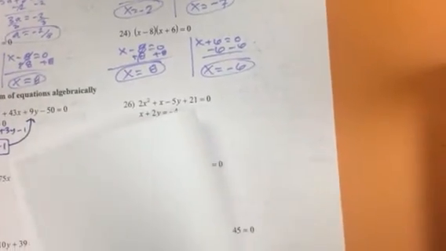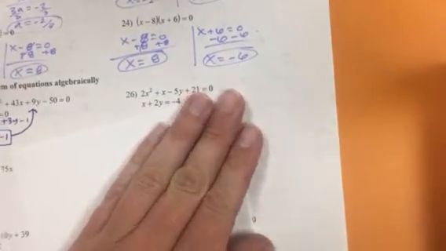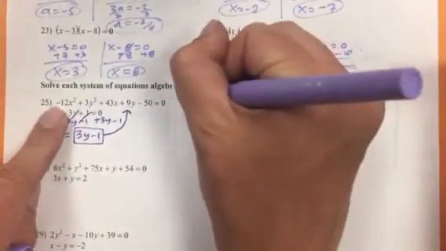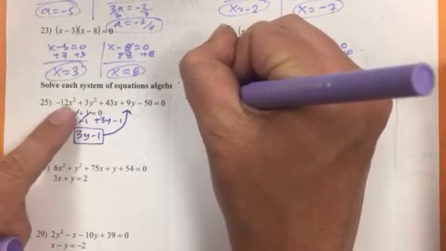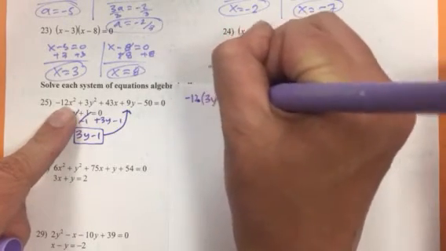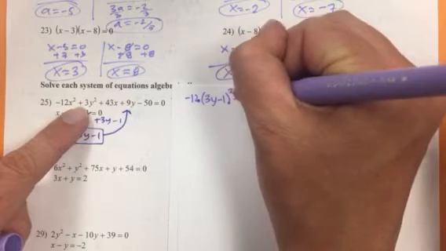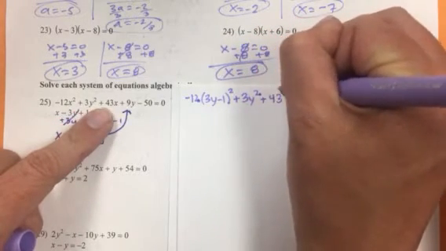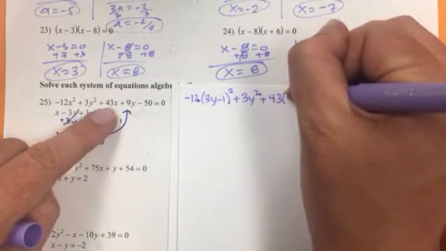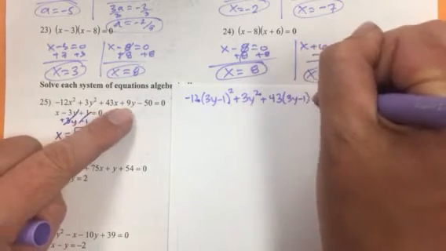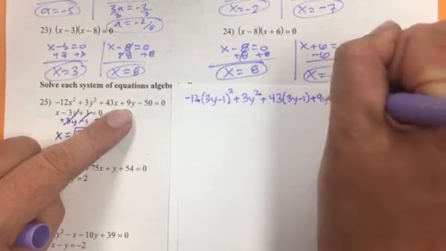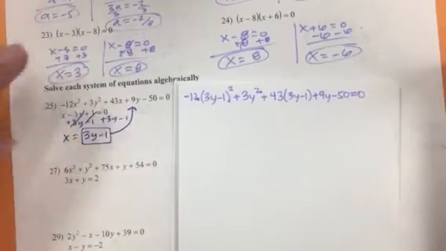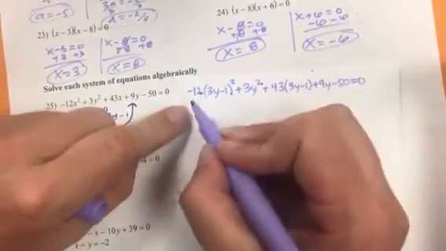So I have negative 12, and I plug in for x, 3y minus 1 squared plus 3y squared plus 43 times, wherever there's an x, I plug it in, plus 9y minus 50 equals 0. Cool. That is huge. And the fun part begins.